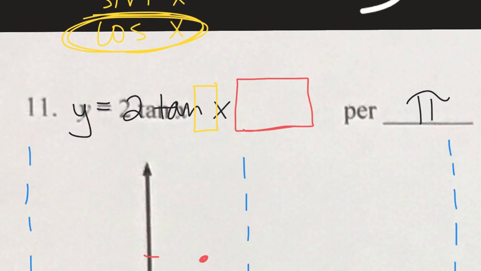Well, our graph does have a dilation. In fact, it's a dilation factor of 2, right? There's a 2 in front of our tangent. So rather than having our point 1 unit above the x-axis, it's going to be 2 units.